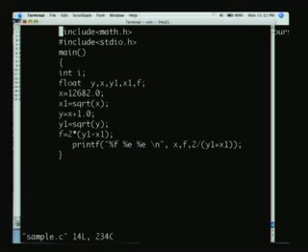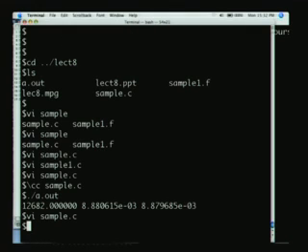Those are the two values which we are printing out here. One value gives us 0.8806 times 10 power of minus 3, and the other gives you 0.879685 times 10 power of minus 3. This one is closer to the correct answer than the other, which is now off in the third decimal digit.